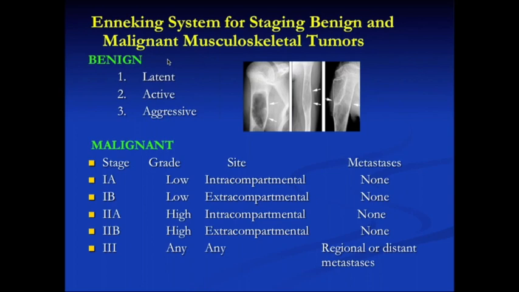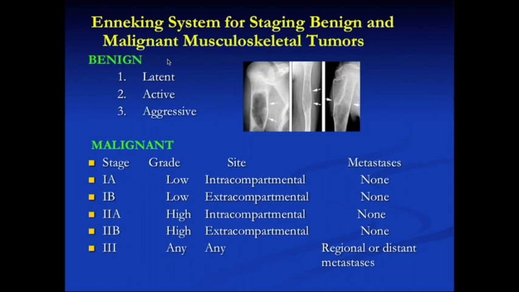And then comes a compartment. A bone is defined as a compartment. Each muscle is defined as a compartment. So if it pierces the bone and comes out, it is called extracompartmental, and if not, it is intracompartmental. Metastasis, as I've already told you, is either to the lung or to other bones, which needs to be picked up by a CT chest or a bone scan.